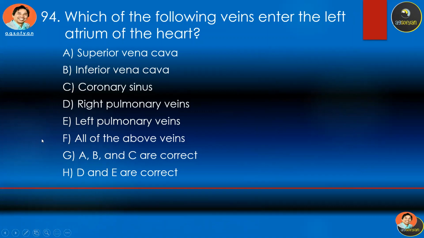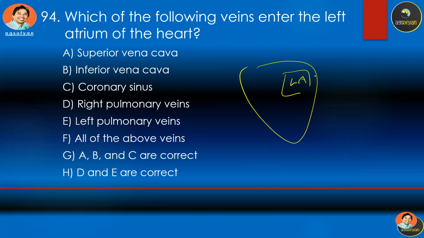Which of the following veins enter the left atrium of the heart? Okay, this is the left atrium, and it will receive blood from the lungs, right? The rich blood from the lung. The blood vessel coming from the lung is called the pulmonary veins.